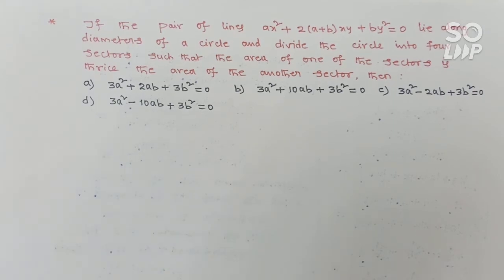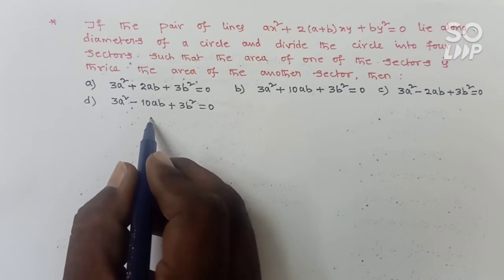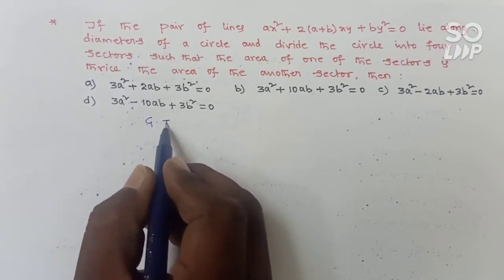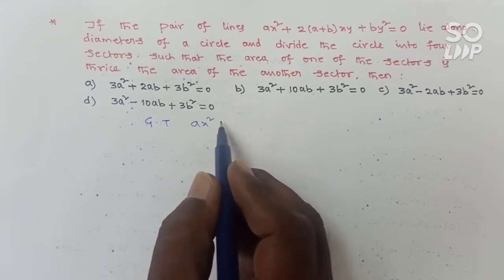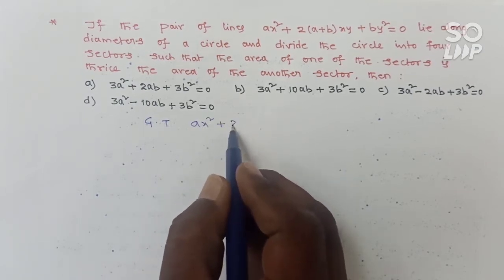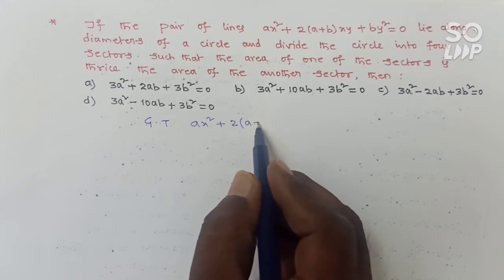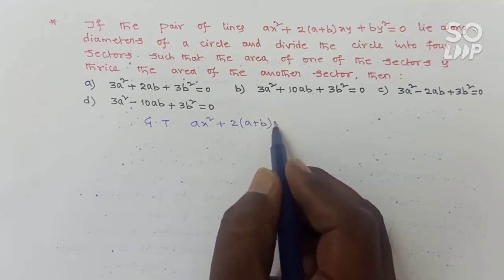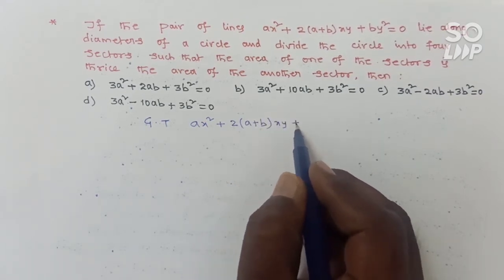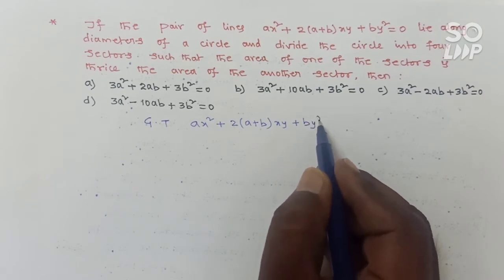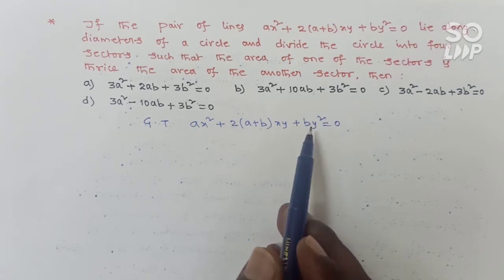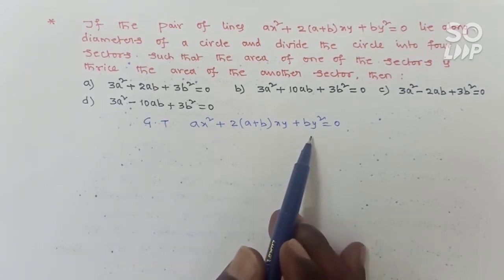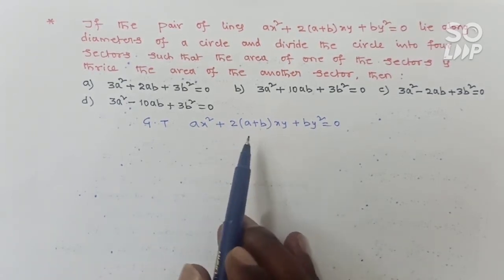So here you write the given equation: a x square plus 2(a plus b) xy plus b y square is equal to 0. This is homogeneous and it represents lines passing through the origin.